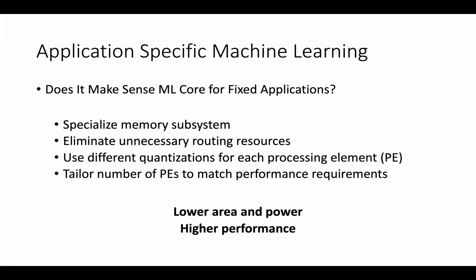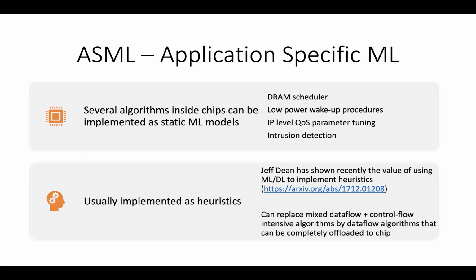For example, do you want to specialize the memory subsystem? If you're not required to have a generic accelerator anymore, we can eliminate in the chip the unnecessary routing resources. We can use different quantizations for each processing element, and we can tailor the number of PEs to match the performance requirements. And we are talking about how to get lower area and power and higher performance.